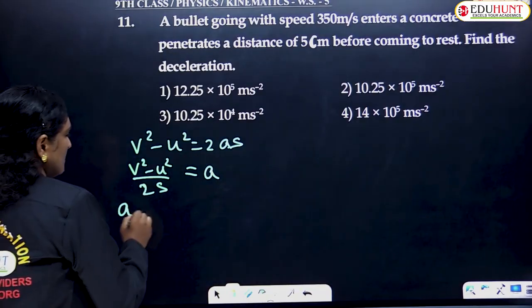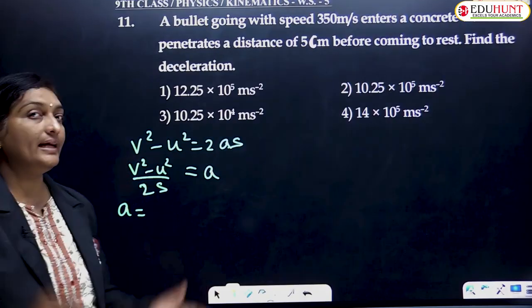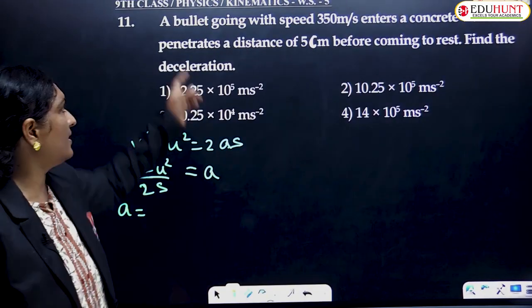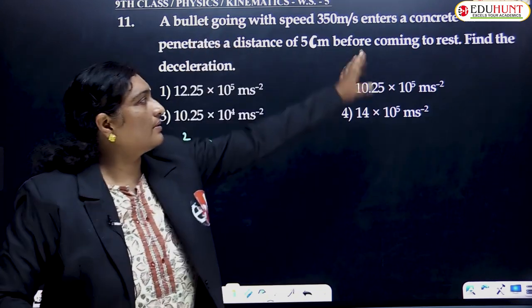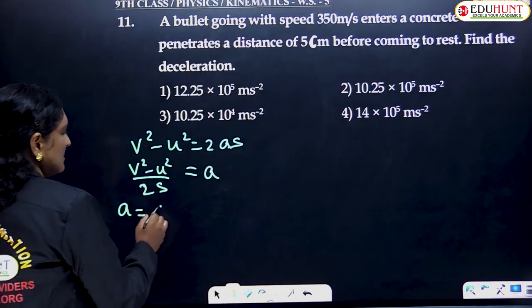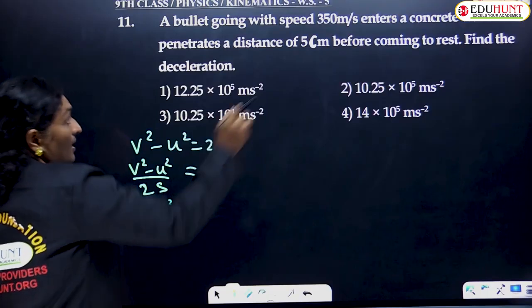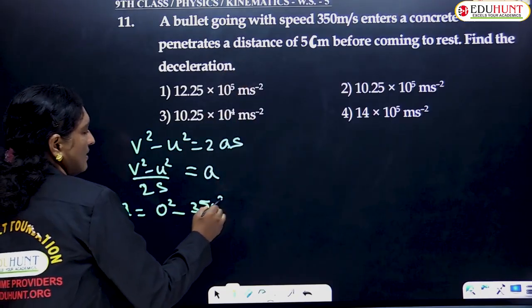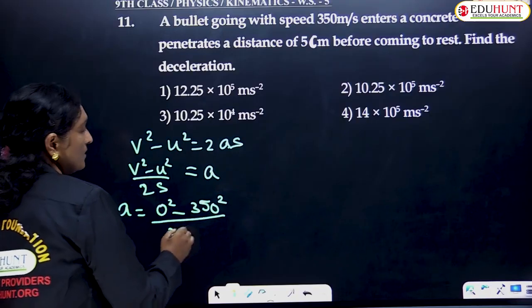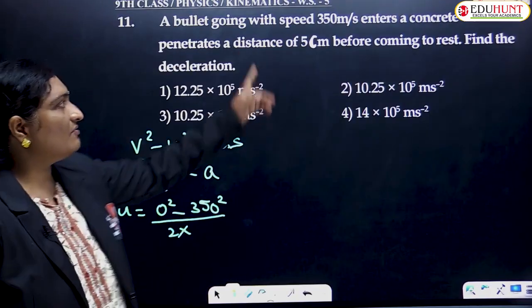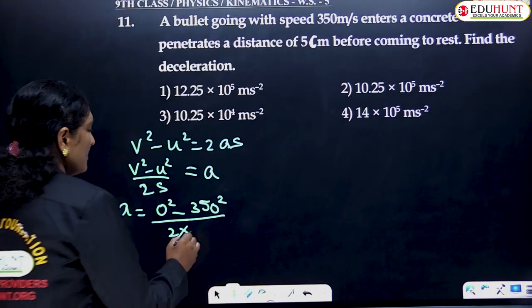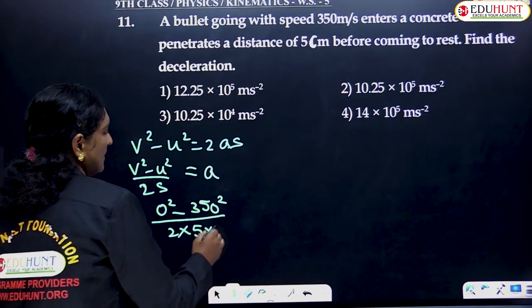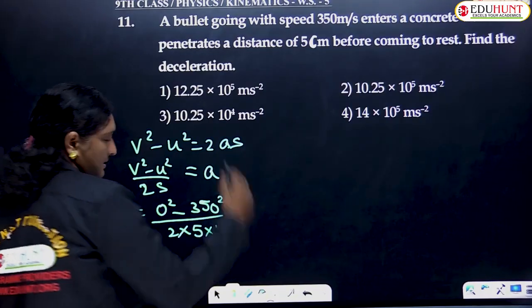So A is equal to v square. Finally it comes to rest, hence final velocity is taken as 0. 0 square minus initial velocity given as 350, so 350 square whole upon 2 into how much distance it covered? 5 centimeters. 5 centimeters means 5 into 10 power minus 2 meters.